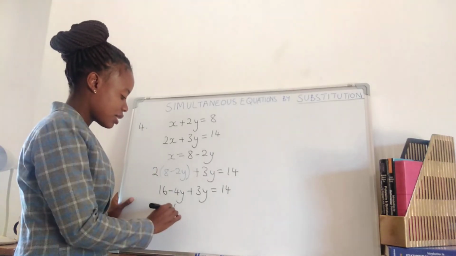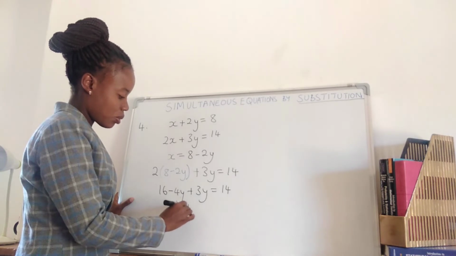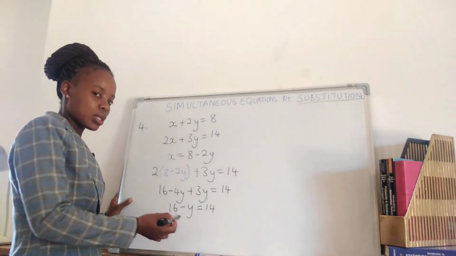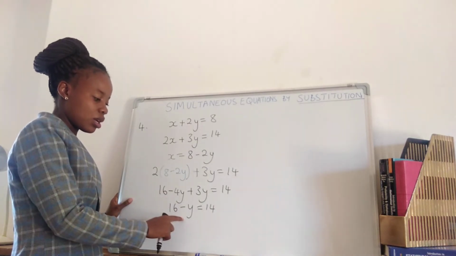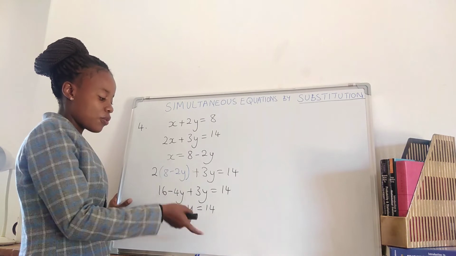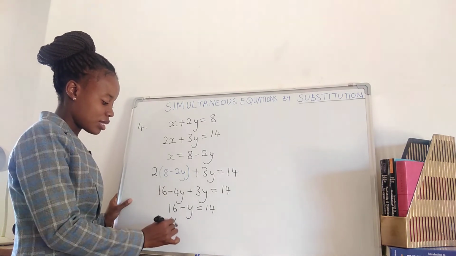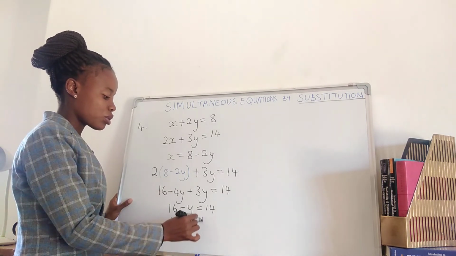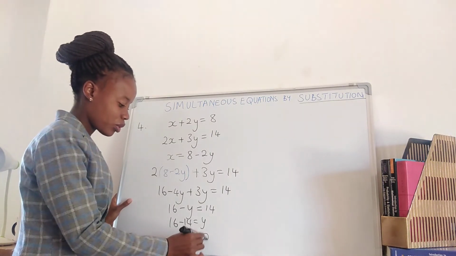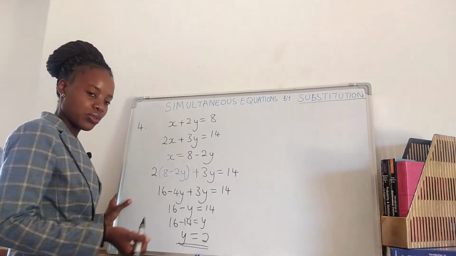So we're going to have 16 minus y equals 14. Okay? We want y to be positive. So we're going to take negative y to the other side so that it can be positive, and we're going to take 14 to this side. So we're going to have 16 minus 14 equals 2. Then our final answer is y equals 2. Okay? We managed to find our y.